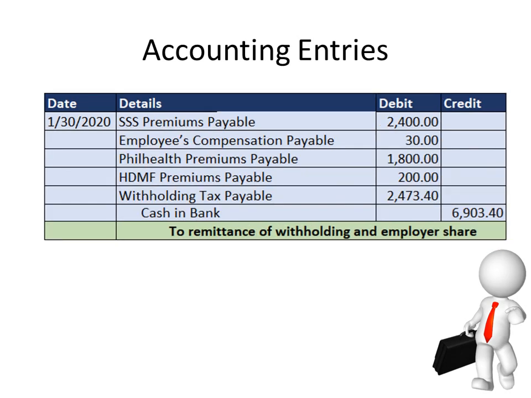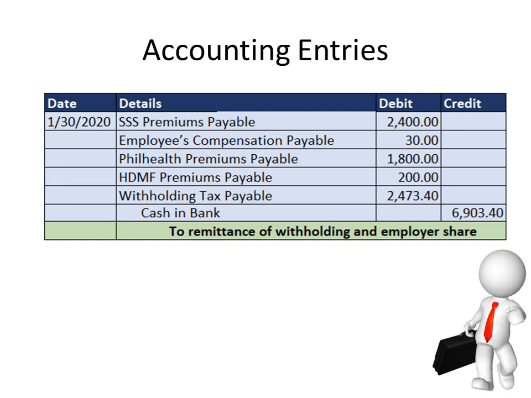Okay? So for our remittance, number 1, SSS premium payable. This includes those that are deducted from our salary, 800, and our employer contribution of 1,600. So all in all 2,400. Employee compensation payable 30, because it's only for our employer. The PhilHealth premium payable consists of our share 900 and employer share 900, that's 1,800.